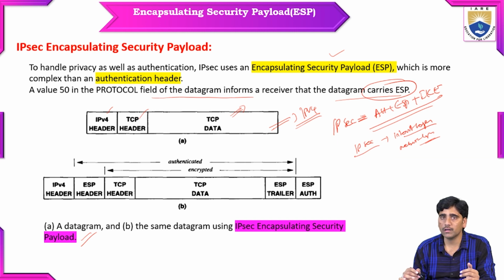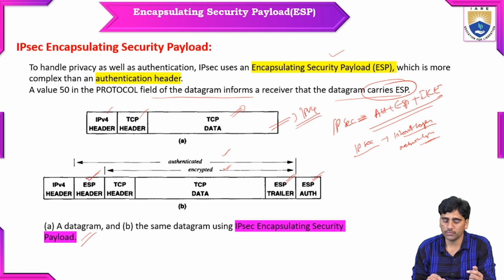But we are saying that the encapsulating security payload is for authentication as well as privacy purposes. So now the protocol format is extended with the ESP header, ESP trailer, and ESP authentication.